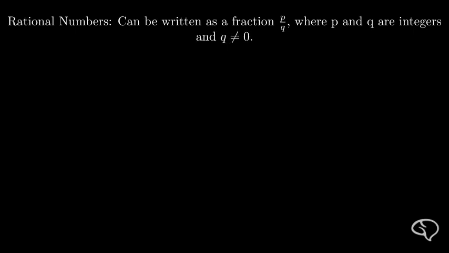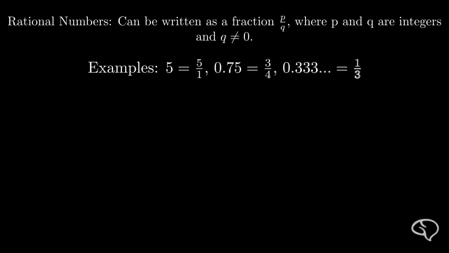This includes all integers, like 5, which can be written as 5 over 1. It also includes terminating decimals, like 0.75, which is 3 over 4. And it includes repeating decimals, like 0.333, which is 1 over 3. So, integers, terminating decimals, and repeating decimals are all rational numbers.